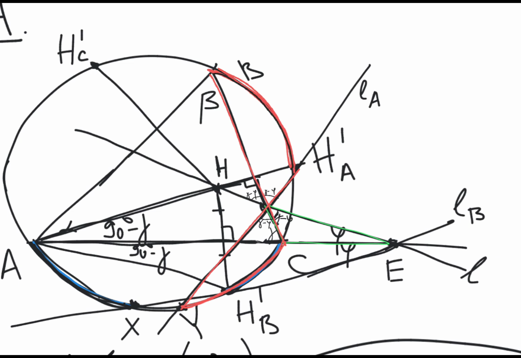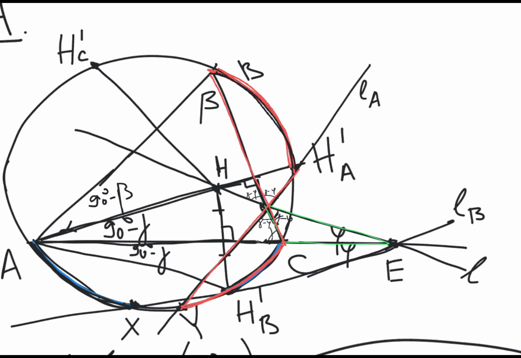BHA prime is calculated through the inscribed angle BAH. This angle is 90 degrees minus beta. So therefore the arc is twice that.